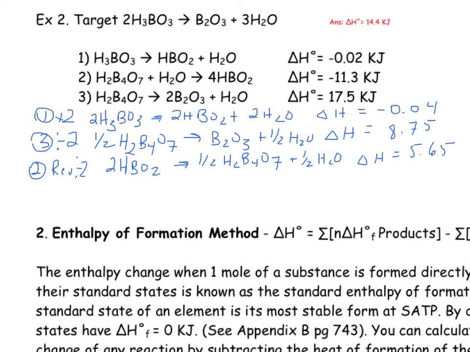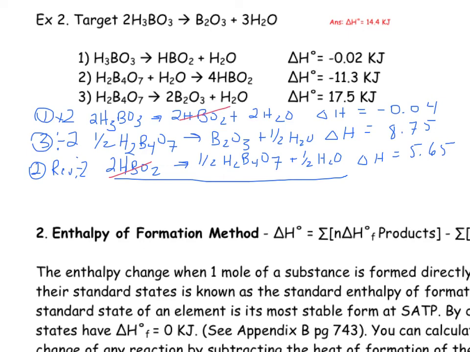Let's see if these equations algebraically add together. I have two HBO2s. Here is a product, here is a reactant, and they're the same amount, so they will cross each other out. Because they're on opposite sides of the arrows, they subtract each other.